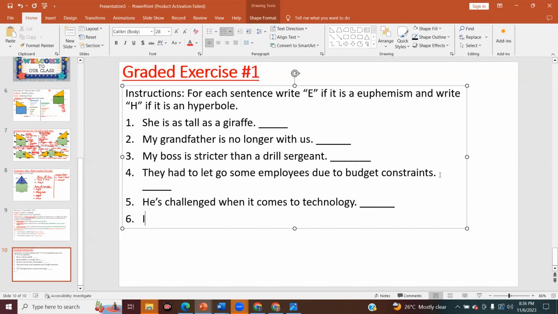Pardon me, Mr. Petit. You've made an error at number 4. It says they had to let go some employees. I do believe there should be an "of" behind the "go". Let go some employees. They had to let go. Oh, I see what you're saying.